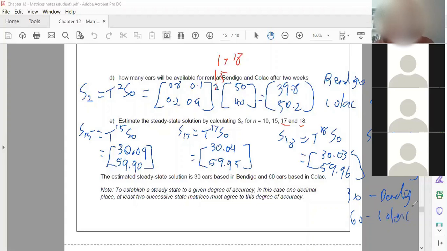That's how we're going to get 30 cars in Bendigo and 60 cars in Colac, and that's called the steady state. It's not changing. We're not changing to 31 in Bendigo or 29, or 61 in Colac or 59. It's maintaining, okay? Any questions there?